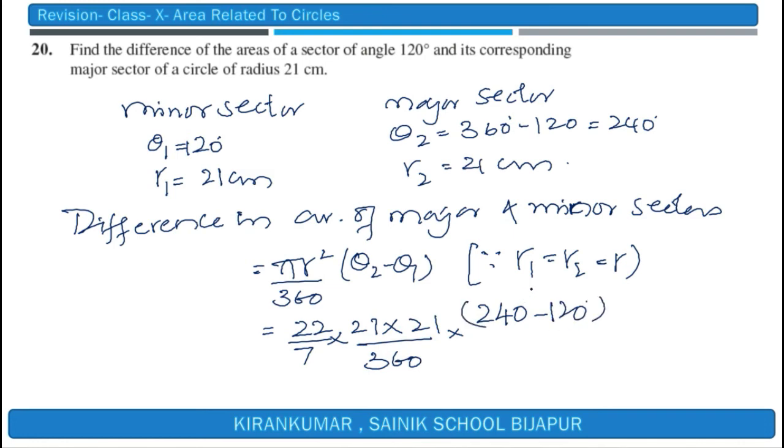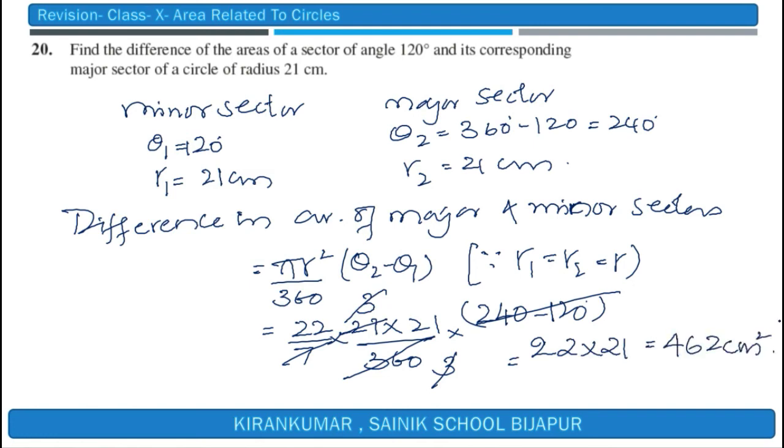Their difference is 120 degrees. So this and this you can simplify. It becomes 3 times 7, 3s are 3 and 3 will get cancelled. We get 22 times 21, which is 462 centimeter square.